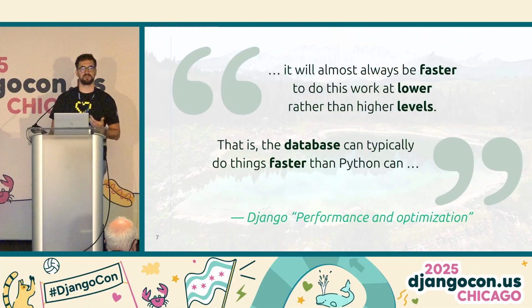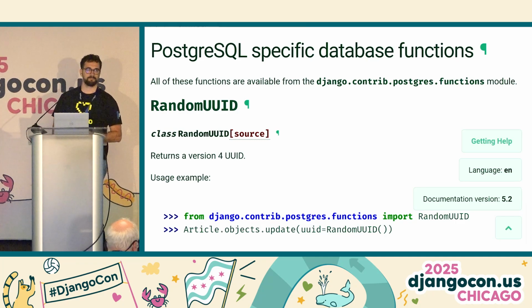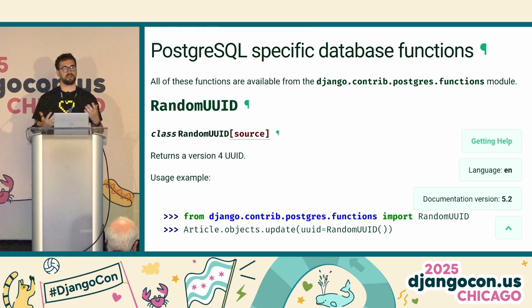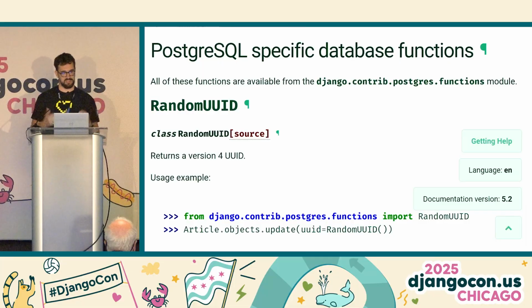In fact, my first ever contribution to the Django code was a specific function for the Django Postgres module. I was working on a project with a lot of instances of a model, and I was forced to add a new UUID column. In doing that, working with the Python UUID module, I got frustrated with how slow it was.